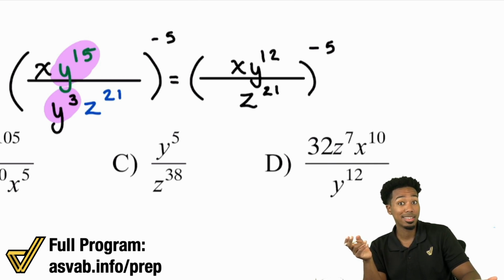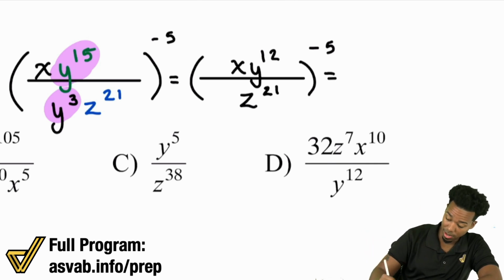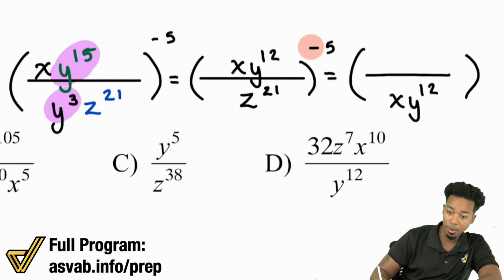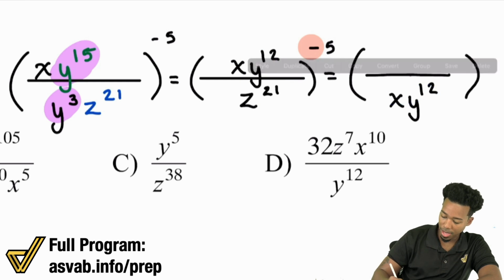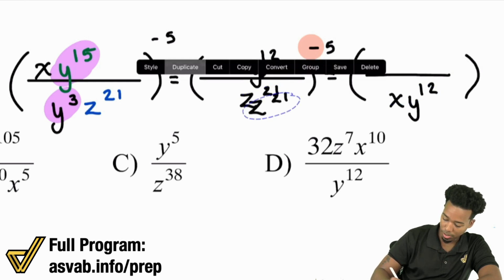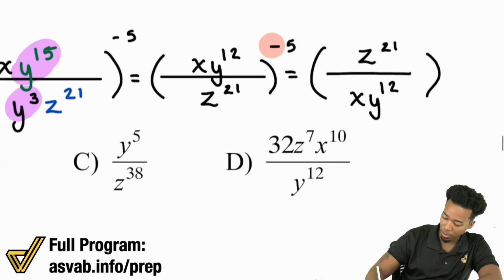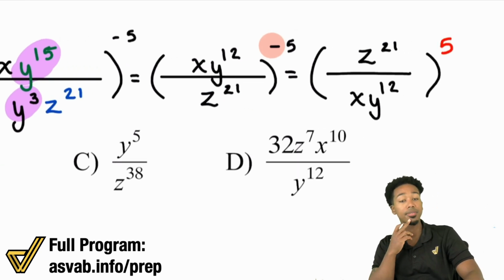If I want to apply that negative, I will simply go ahead and flip the numerator and denominator. So this x y to the power of 12, not going to be up top. I'm going to put it on the bottom. And then this over here, the z to the power of 21, from the bottom to the top. And now I have to the power of positive 5.